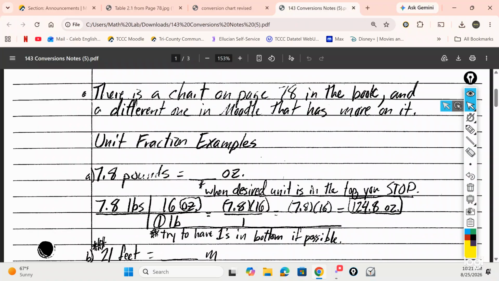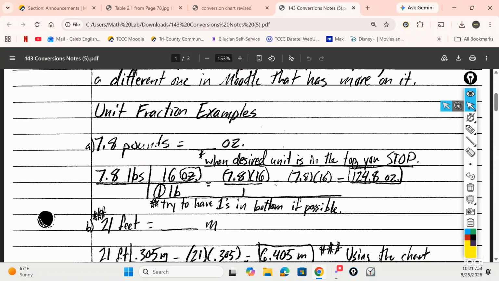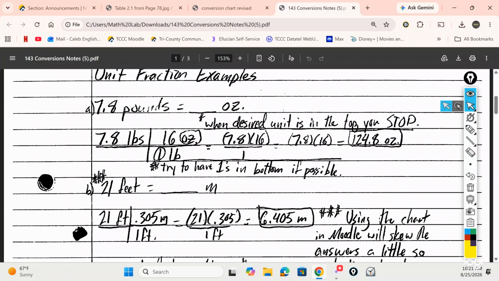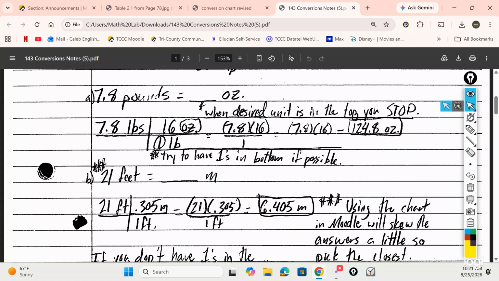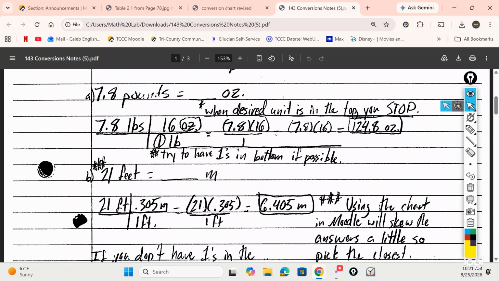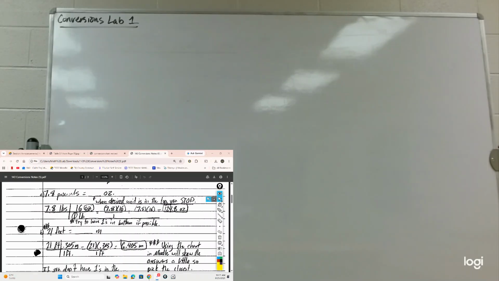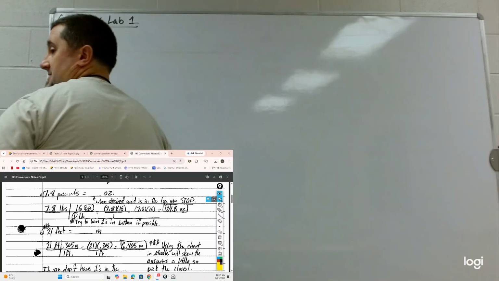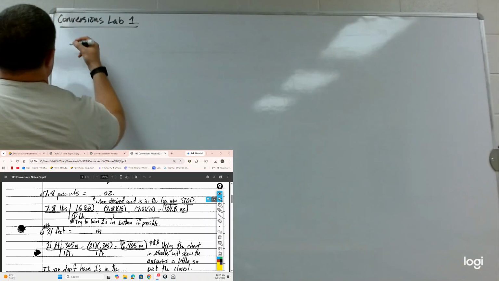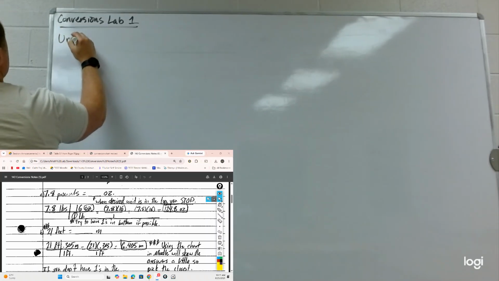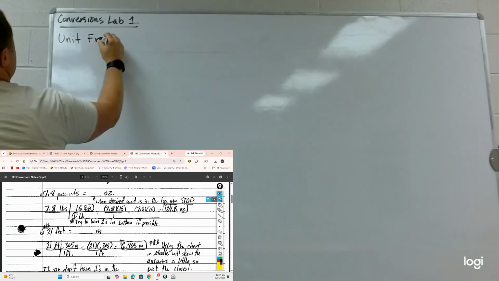So unit fraction examples. So let's look at these two questions here. All right, I'm going to start you out with an easy one. 7 pounds equals how many ounces? So I'm going to throw this on the board over here. Hopefully my picture-in-picture is large enough to see. All right, so again, unit fraction.